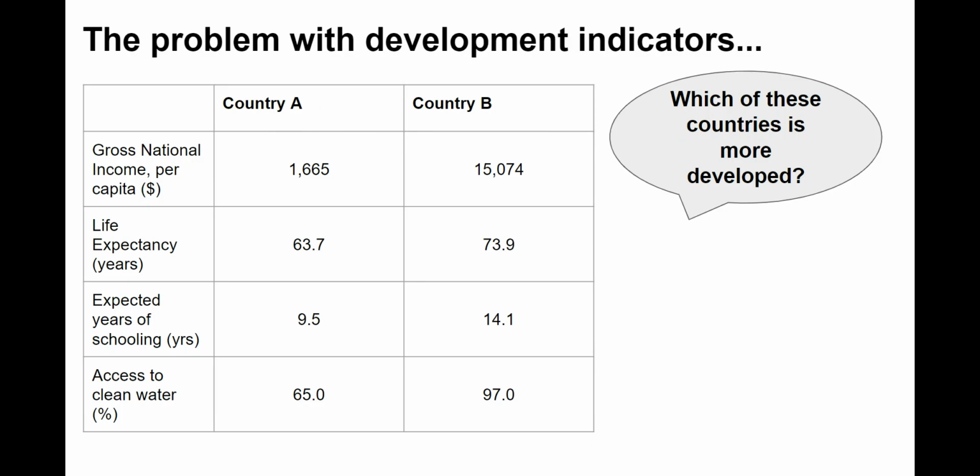In country B, 73.9. In A, 9.5 years of expected schooling, 14.1 in country B, and 65% of people have access to clean water in A, whereas it is 97% in B. So which is the most developed?